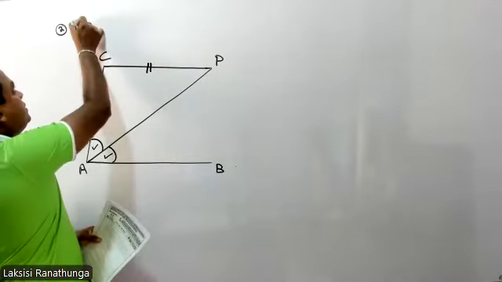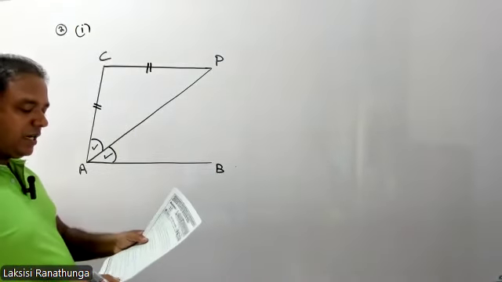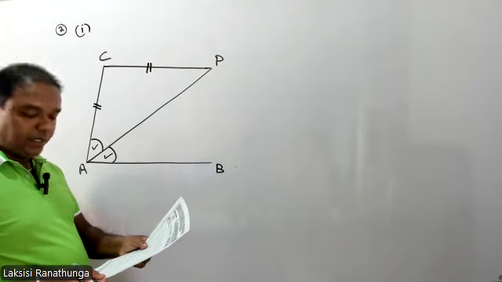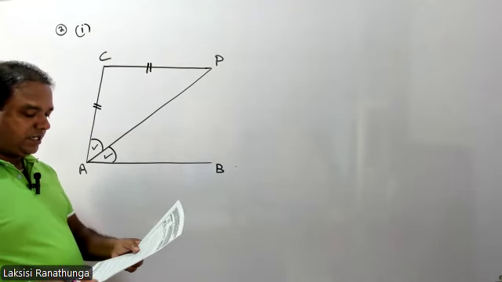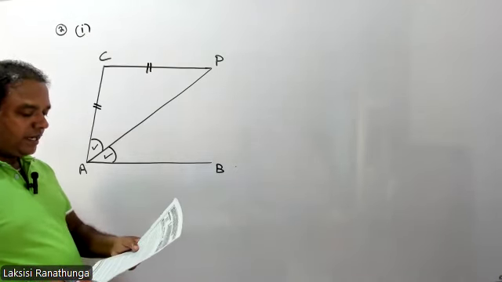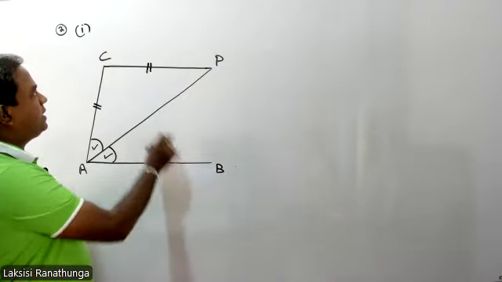From number 1, copy down the illustration onto your answer script and mark all the information given on it and show that AB is parallel to CP.